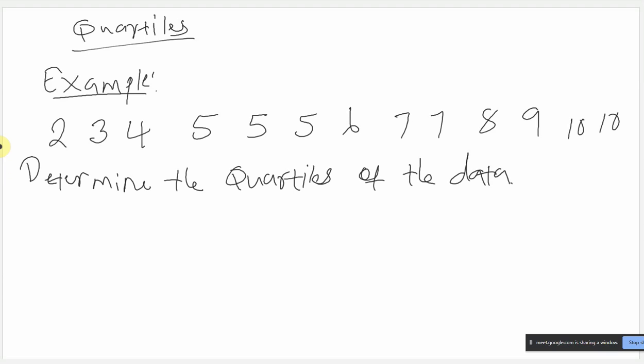So when I say quartiles, it means I'm actually including all 3 quartiles. So you will have Q1, then Q2, and Q3. Then maybe to make things easier, let's see how many data we have.